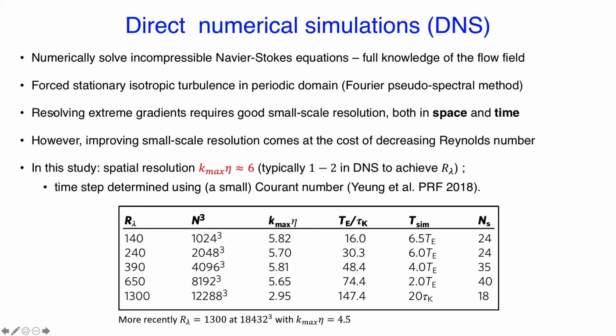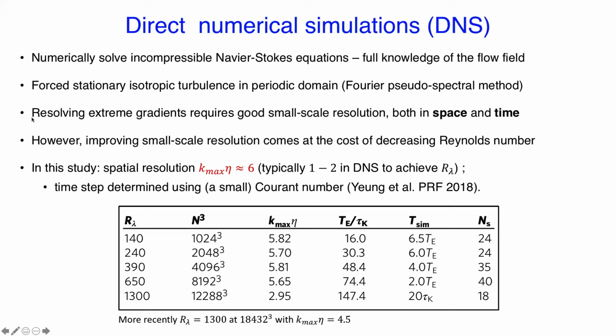So the setup that I will be using is the simple one, which is good for studying the small scales, and that of forced stationary isotropic turbulence in a periodic domain, for which we can use Fourier pseudospectral methods, which are essentially the most accurate methods that you can use for this kind of setup reasonably.